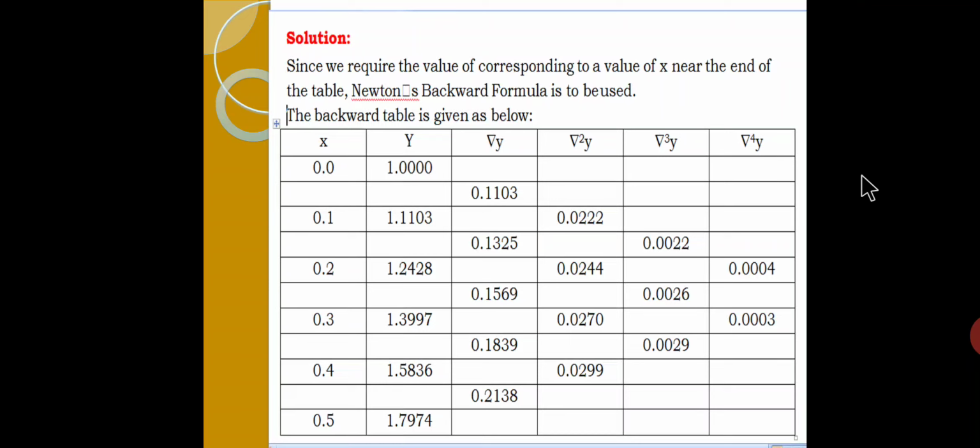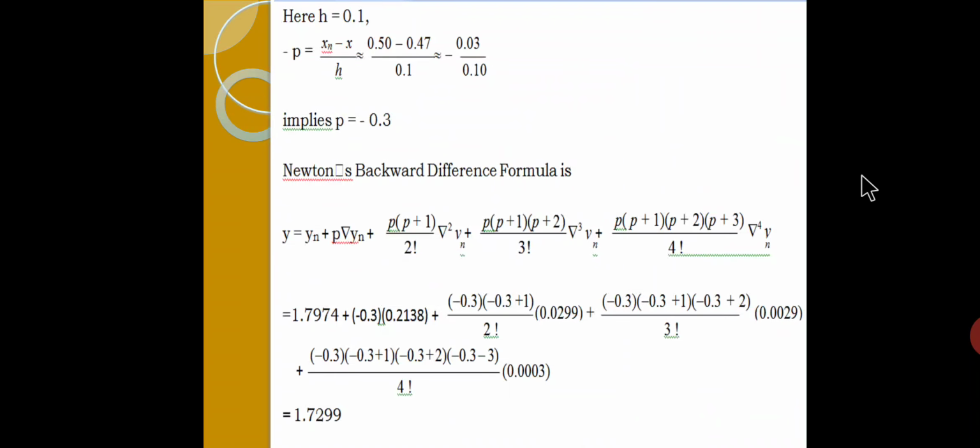So coming to the substitution part. Here h is equal to 0.1. So p is equal to x minus xn by h. Here xn value is the last value of the table, 0.50, and x is the required value of the given problem, 0.47, by 0.1.